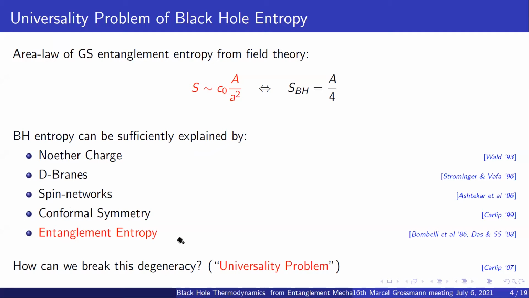So the motivation behind our work is basically this. We were trying to look at how we can give entanglement an added advantage when it comes to resolving this degeneracy.